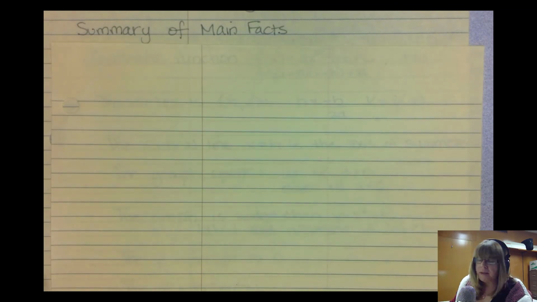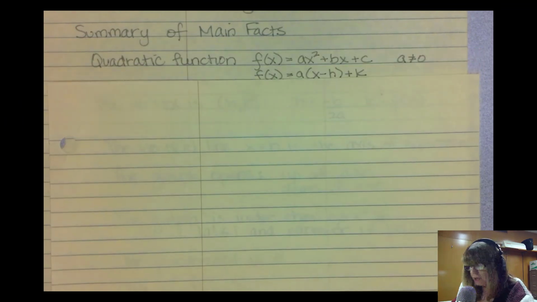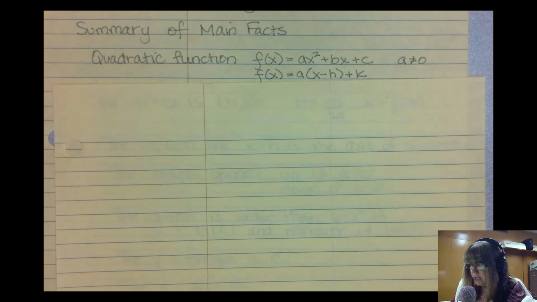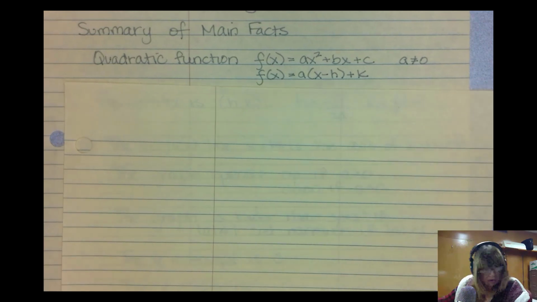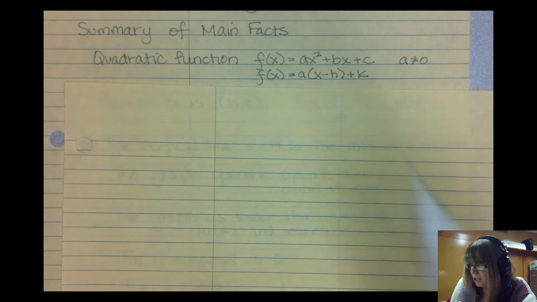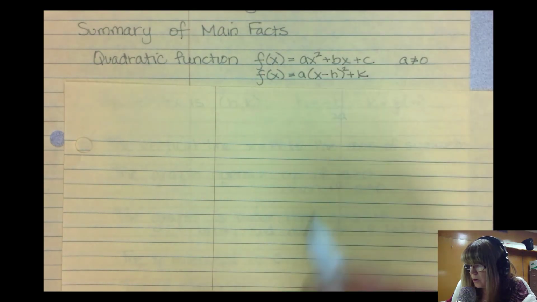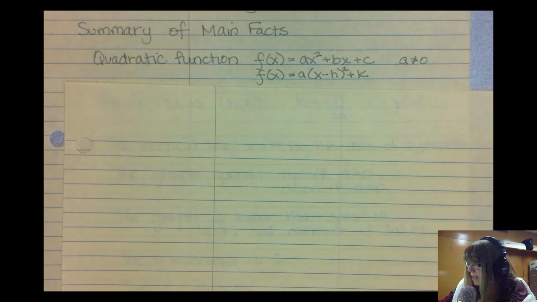All right, let's sum this chapter up. Our quadratic function is f of x equals ax squared plus bx plus c, where a does not equal 0, can also be written as f of x equals a times x minus h all squared plus k.